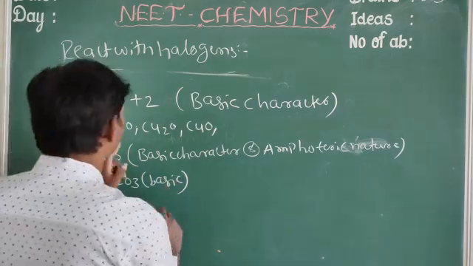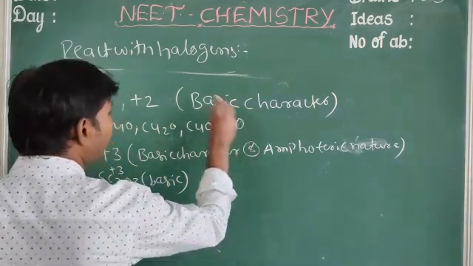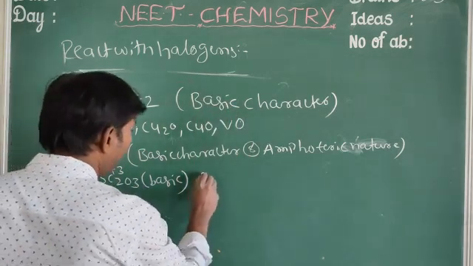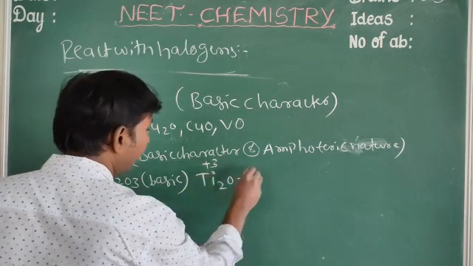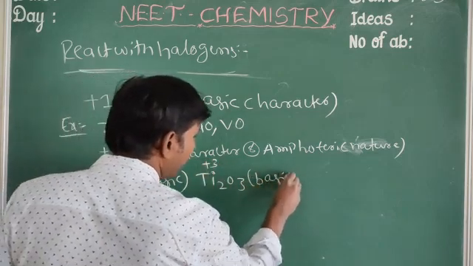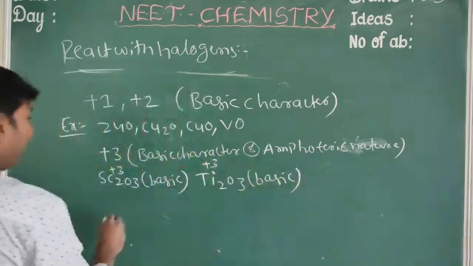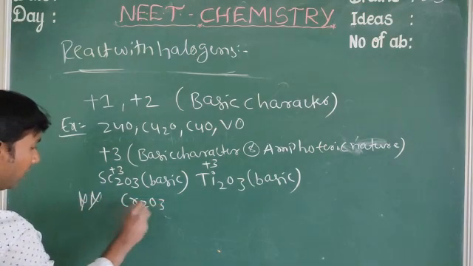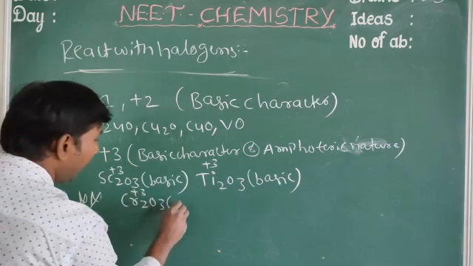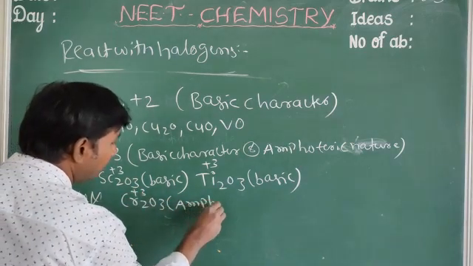Titanium Ti2O3, +3, is basic. Then the exception: Cr2O3, +3, is amphoteric in nature.